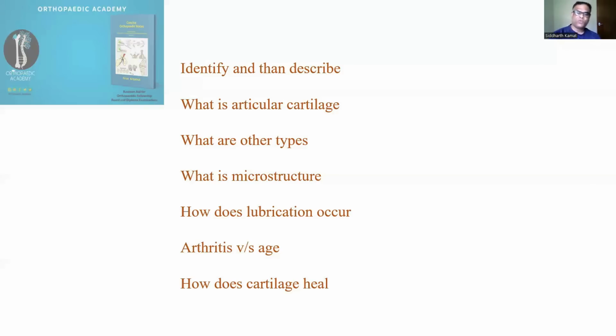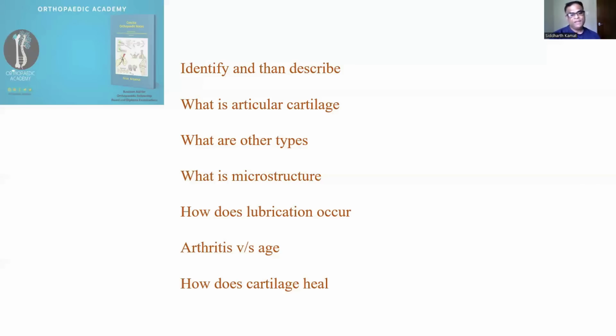Another important question which is often asked is, how does cartilage heal? If the injury to the cartilage goes deep below the tide mark, then blood flow has a place to go and forms a replacement cartilage, a fibrous cartilage.